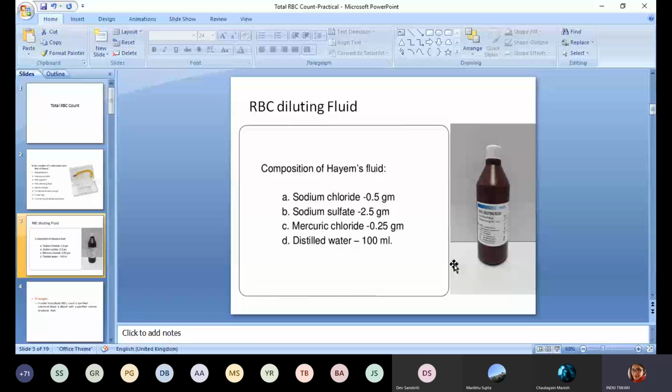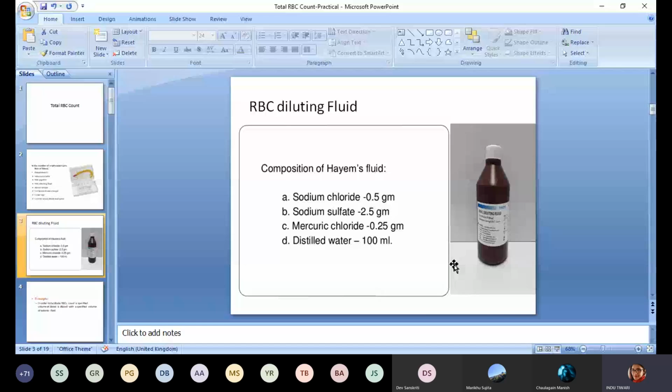All right. Similarly, the mercuric chloride acts as an antifungal as well as an antimicrobial agent, so it prevents contamination of the collected blood by fungus or any kind of bacterium.